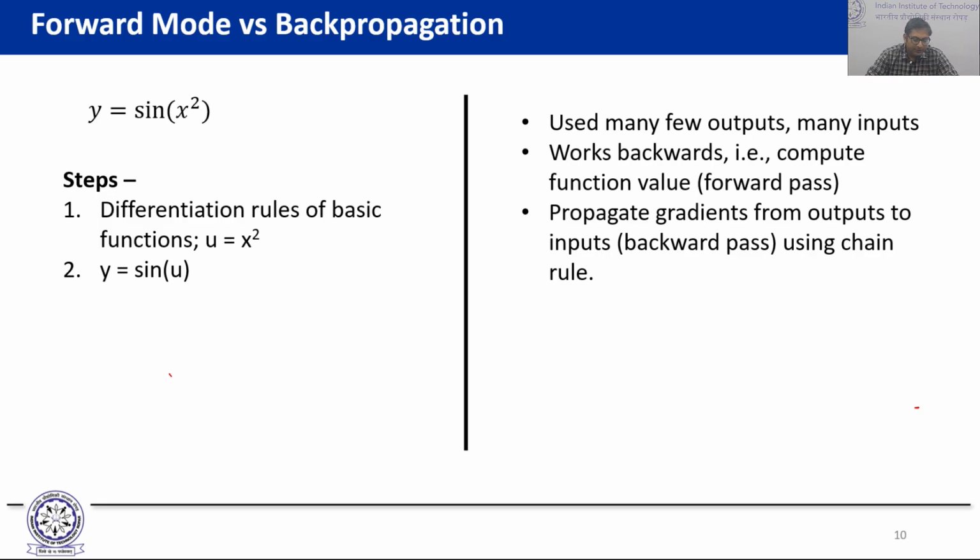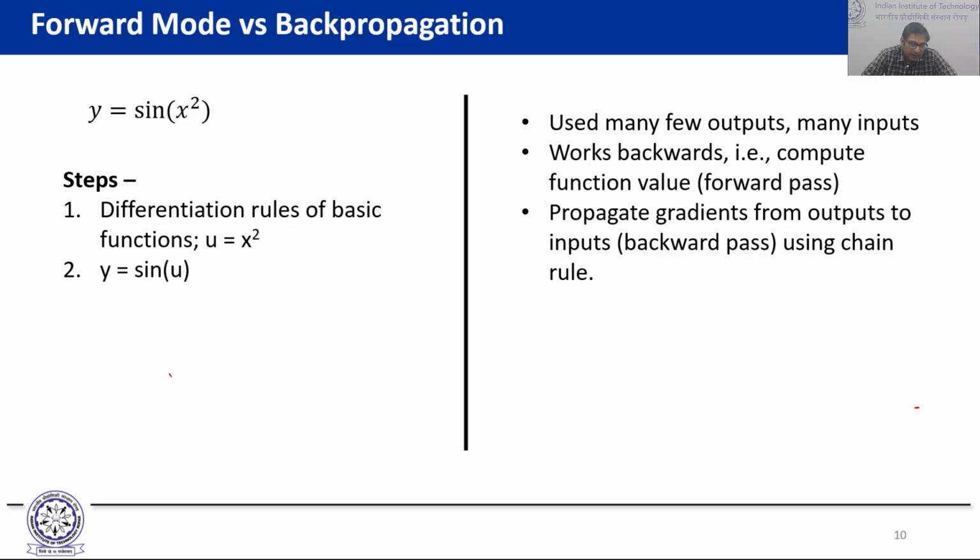So let us look at this with an example. Let's take a function like y equal to sine of x square and then see how automatic differentiation can be implemented. One can implement automatic differentiation in either the forward mode or the reverse mode, which is basically what we call backpropagation.